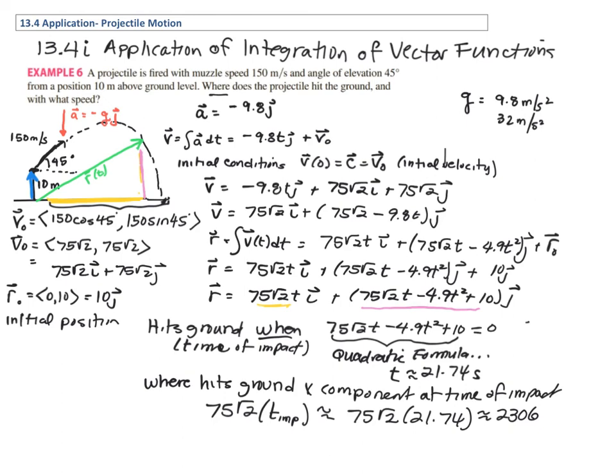The other question is the speed, and speed is just the magnitude of the velocity vector. So at the time of impact, here's the velocity vector up here. We'll just put in our time of impact and then take the magnitude.